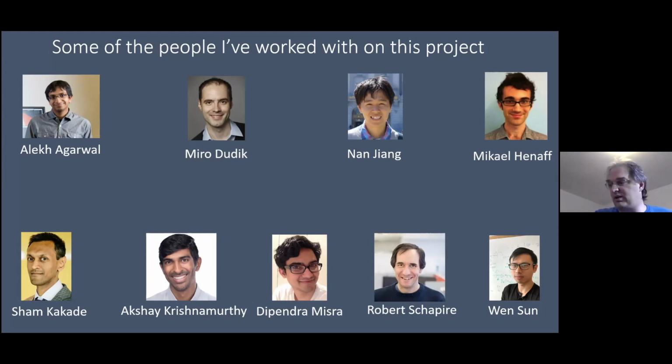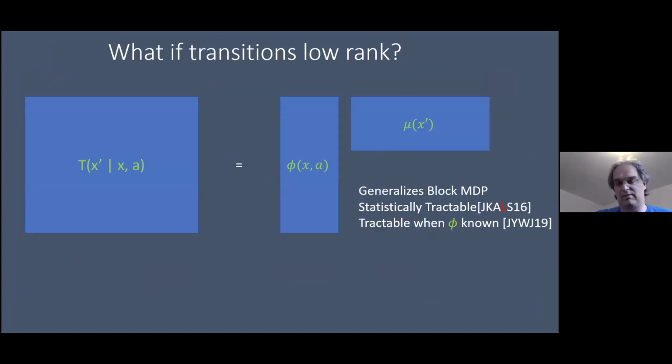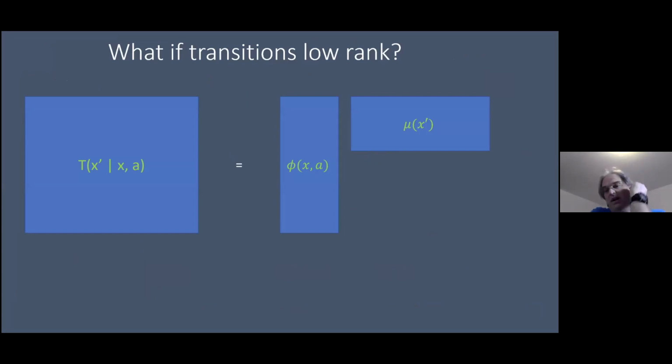There are strong hardness results for POMDPs, which have this kind of structure. Now, if the features are low rank in this sense, and the latent space is high dimensional, I think you still have difficulties, and that's pretty essential.